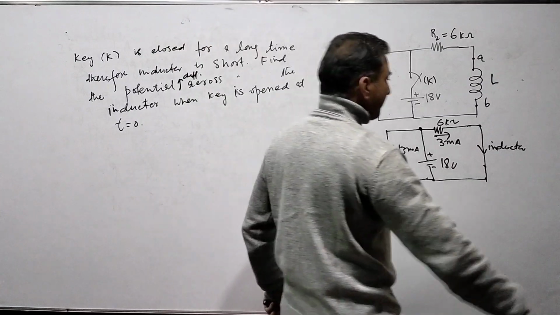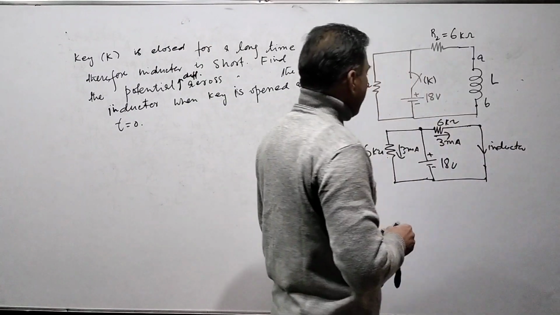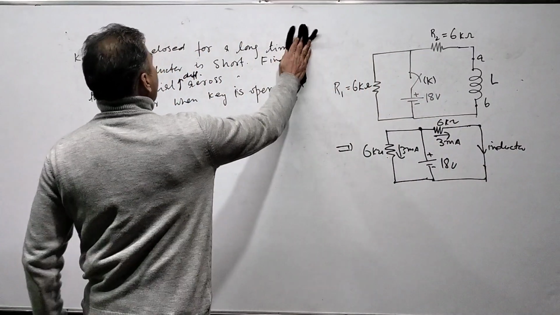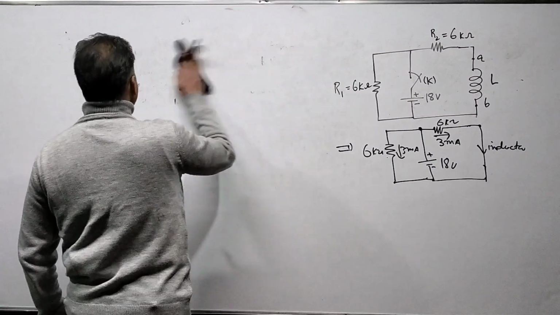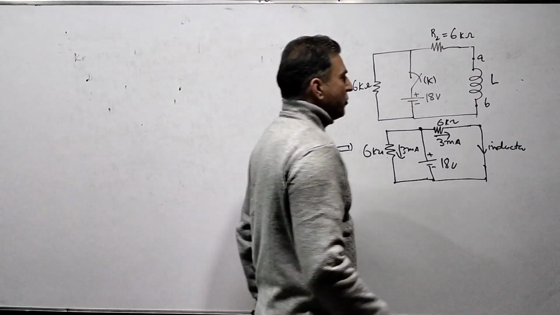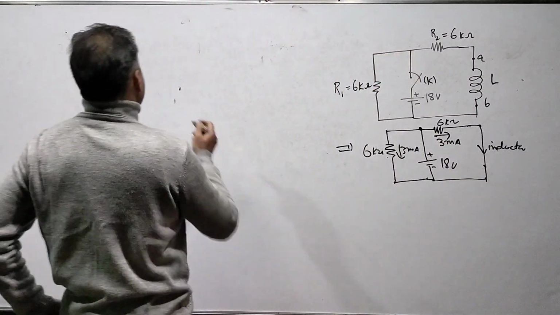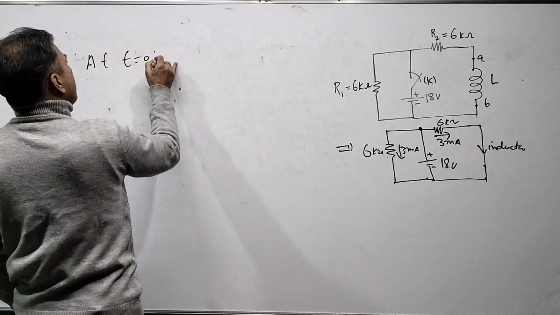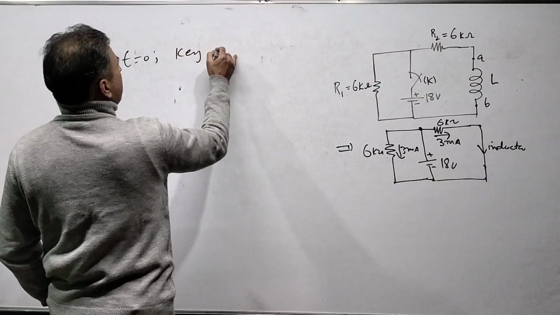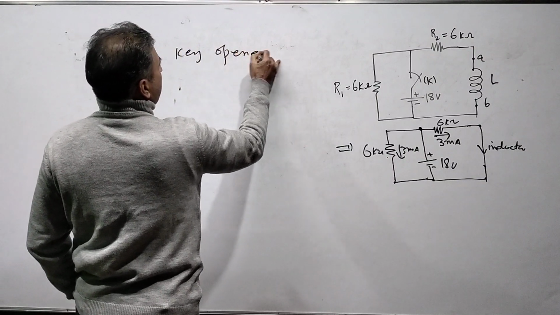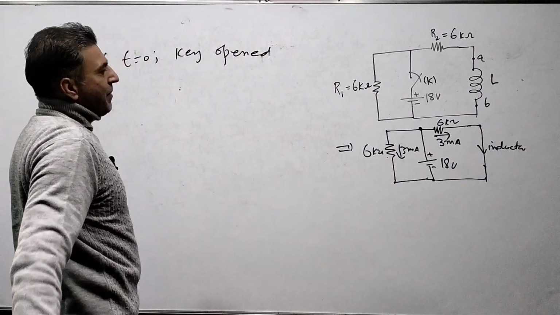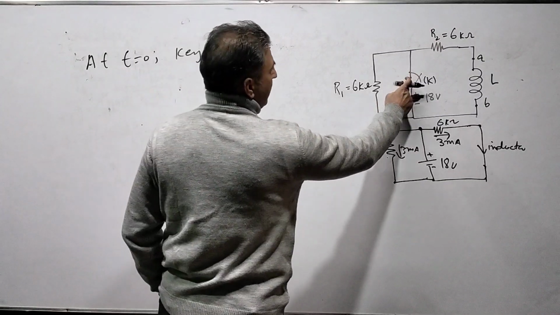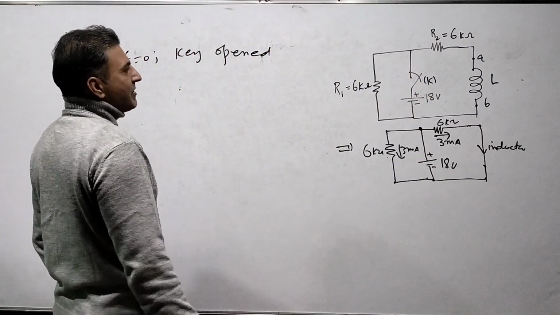Okay, now all of a sudden I open the key. I just open the key at t equal to 0. So I want to know what happens at t equal to 0. At t equal to 0, the key is opened. So what should happen? The moment the key is opened, what is the circuit?